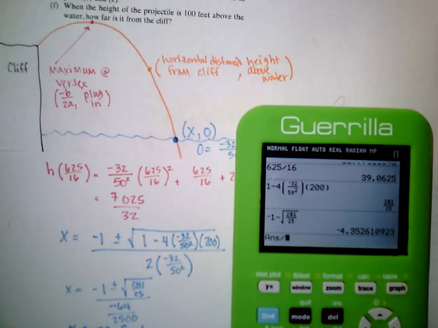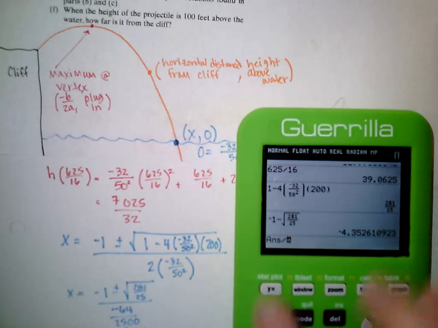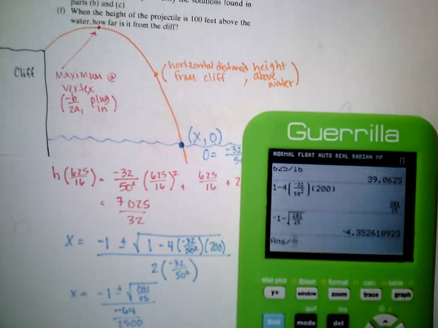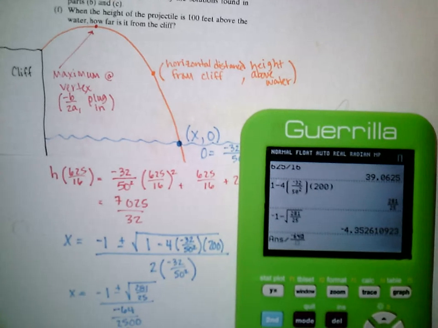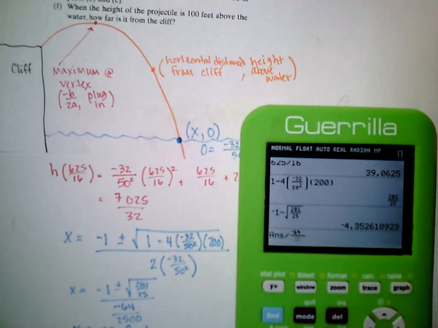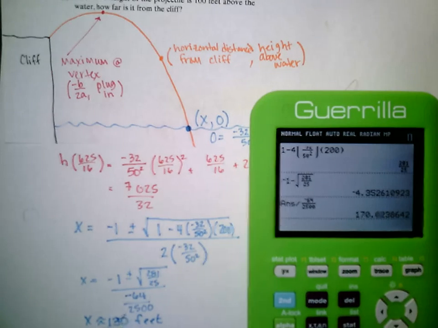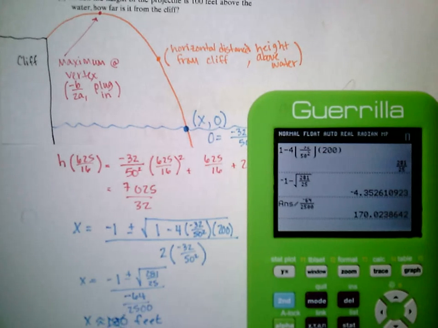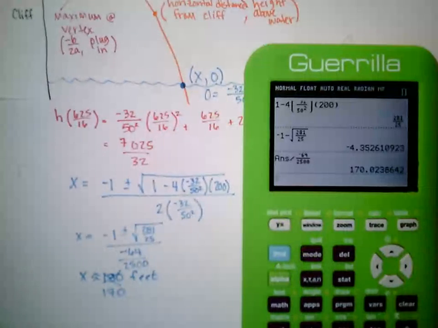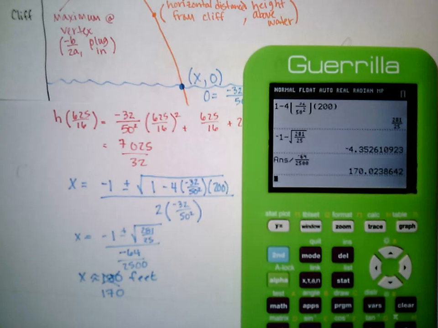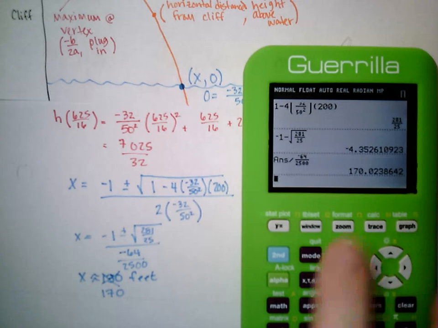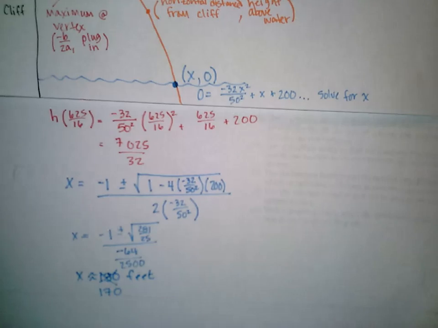And then I needed to divide that by the fraction negative 64 over 2,500. Oh, there we go. So I had a mistake earlier in my computations. So it's about 170 feet. So lesson learned, always check your answer by looking at the graph if you have access to a graphing calculator.